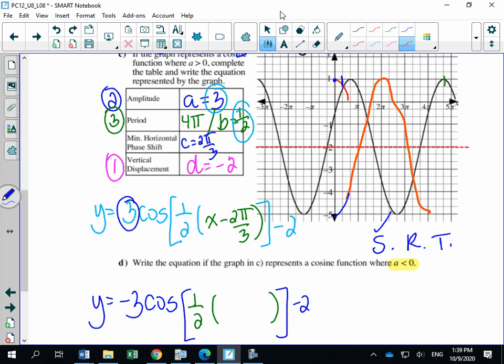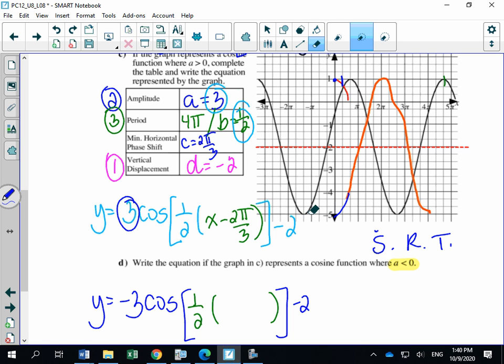Okay, so now remember that with a sine graph, we're looking at the midline and what the transformation was. With the cos graph, we are looking at the peak. So this is after the reflection, and then it needs to move over there, right? Or I could look at this point down here and it needs to move over here.